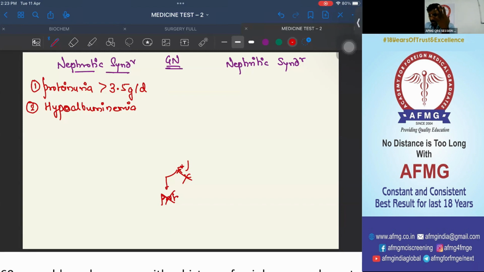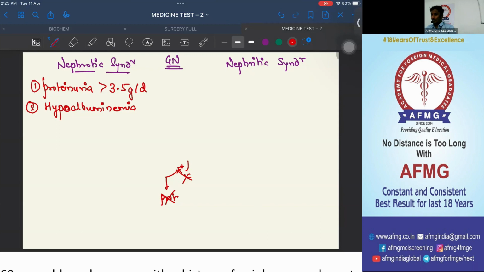Apart from these three essential features, what are the other features? In a case of nephrotic syndrome, the patient will have increased amount of lipids inside the body. That is hyperlipidemia. Now this excess amount of lipids present in the blood will also be excreted in the urine.